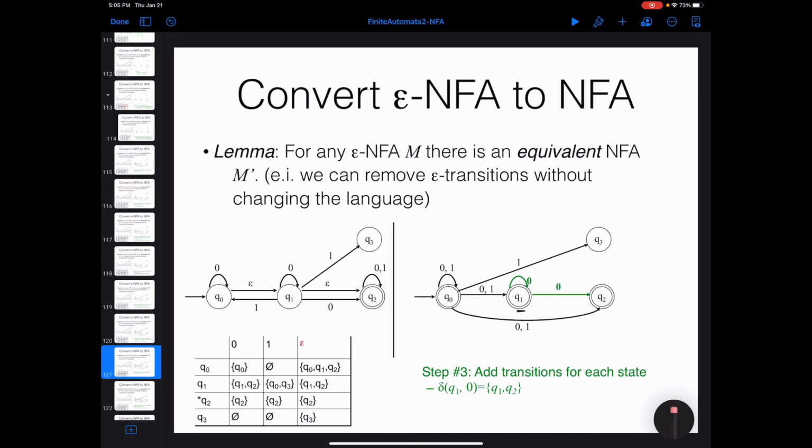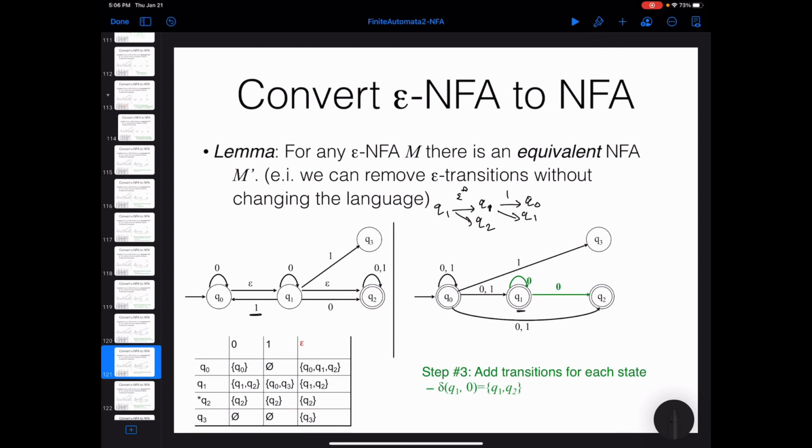Okay, similarly, I can check the transition 1 over Q1. Epsilon transition. Then the direct transition 1. So here is 1. Here is another one.